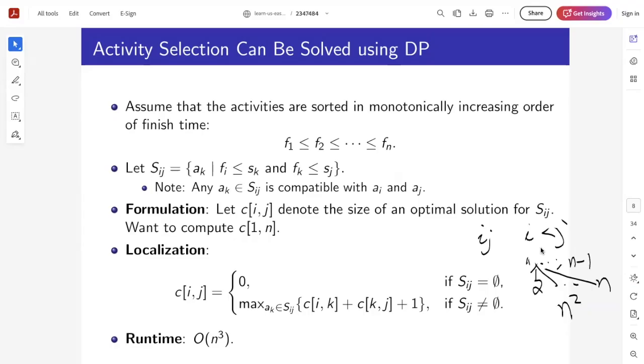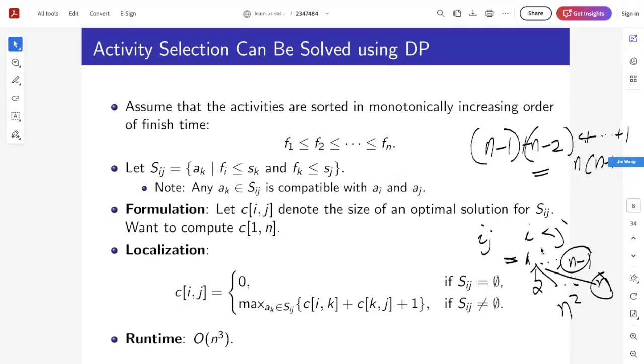In other words, for 1 you have n minus 1 choices, for 2 you've got n minus 2, and so on, and for n minus 1 you only have 1 choice. You add them up, and that is on the order of n squared pairs Ij.